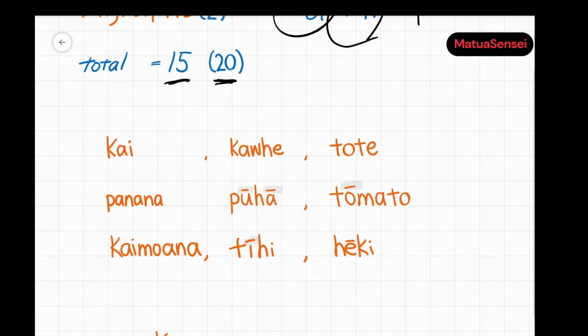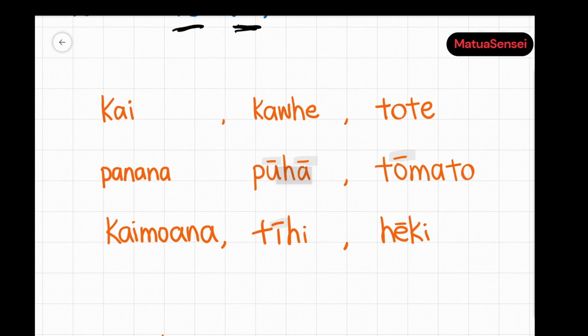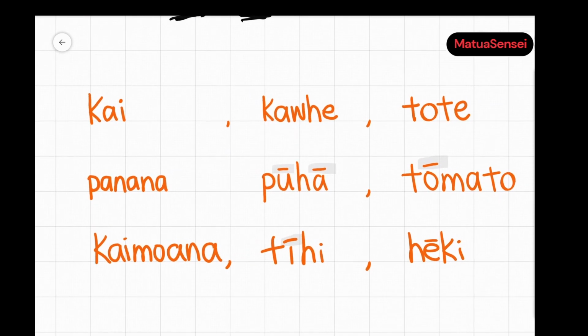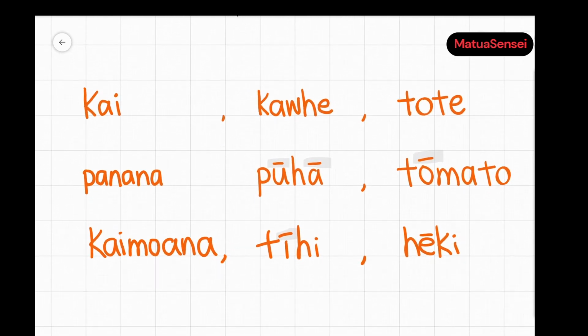Alright, let's do some practice. I have 9 kai related words, kai as in food. So first up we have kai. If you find it difficult to pronounce, find the consonant and the vowel. So k, a, ka. And you have the I sound, ka, i.